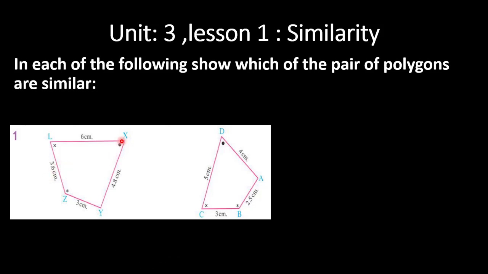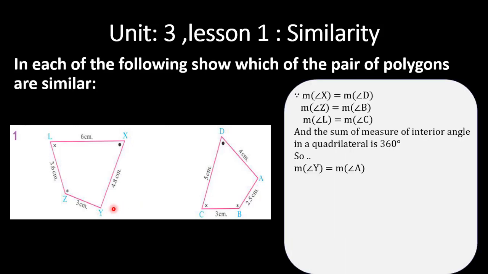Here we have angle X equals angle D, angle Z equals angle B, angle L equals angle C, so angle A equals angle Y. What about the sides? Are the sides proportional or not? The angles are equal, so let's check the sides.